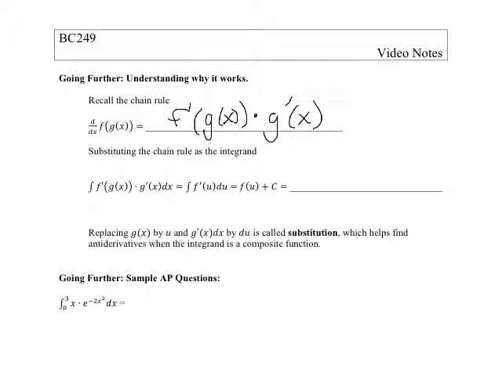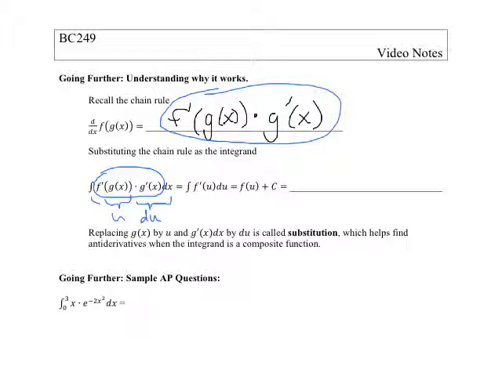So as you can see, this here looks a lot like what we have here. And the substitution is basically saying that this is our du and this g of x is our u.